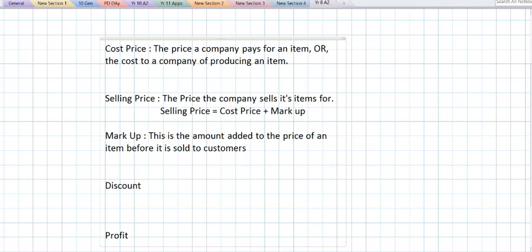So what it's sold for is equal to what the company buys it for plus the amount they add on. We have to write that under selling price. If you've got room. If not, write it off to the side in a margin.